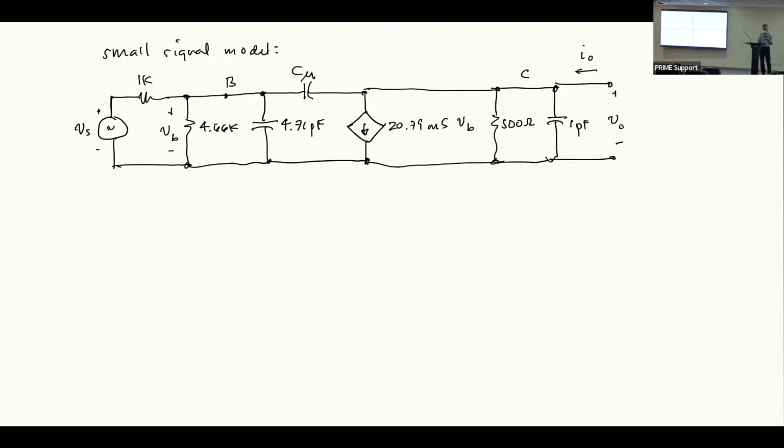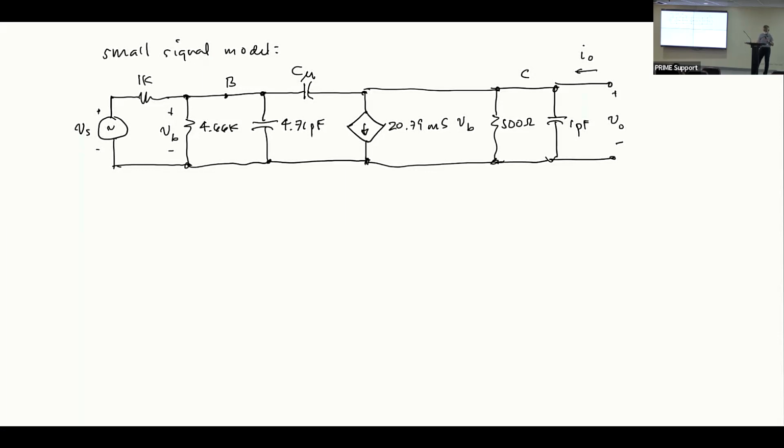So if I do now a frequency analysis of this, I will see what the effect of C sub mu is. Okay, now this is going to be obviously more, how do you say it, no? It's going to involve a little bit more mathematical manipulation. So the same principle, we'll apply the same principle.